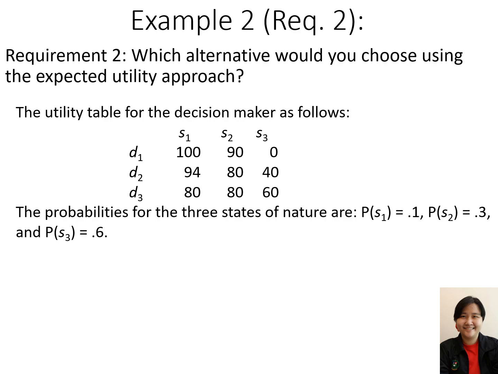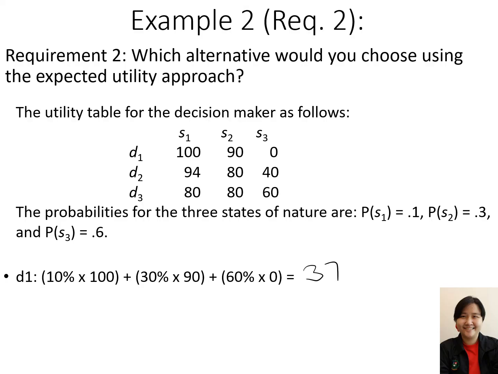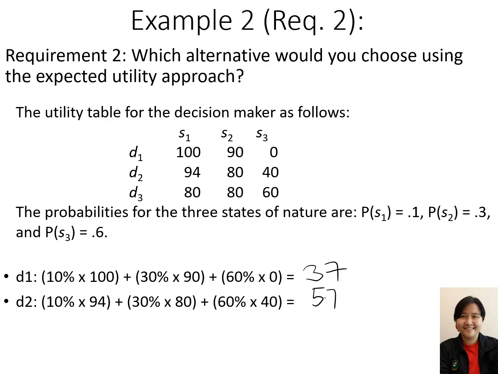For requirement 2, we shall multiply the probabilities for the three states of nature with their respective utilities per decision alternative. For D1, that is 10% times 100 plus 30% times 90 plus 60% times 0. And the weighted average is 37. For D2, that is 10% times 94 plus 30% times 80 plus 60% times 40. And the weighted average is 57.4.